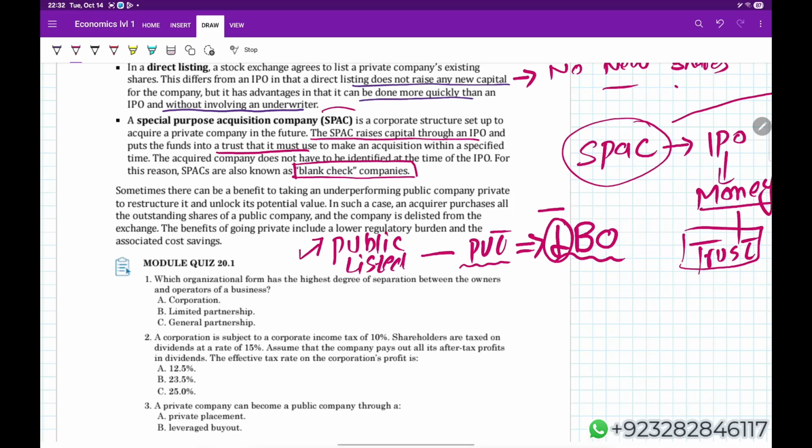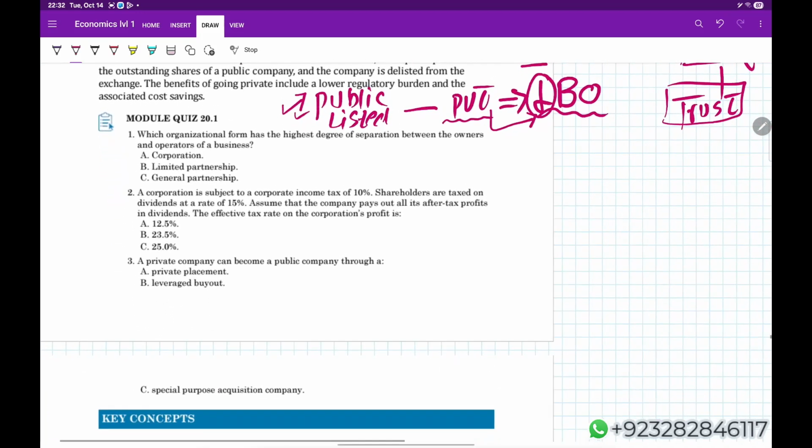So whatever cash flows are generated by the private company will be used to repay the loan that was initially taken to acquire this public listed entity. That is the procedure of an LBO. The more detailed procedures and types of leveraged buyout we will discuss in alternative investments.